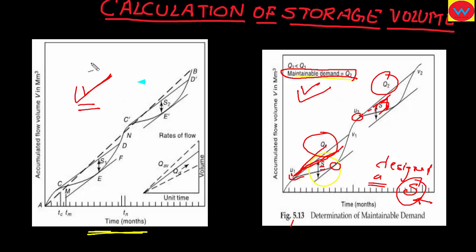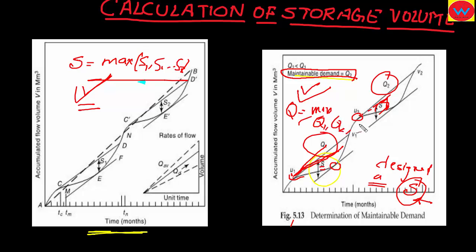And here the S value was the maximum of S1, S2, S3, but here your Q is the minimum of Q1, Q2, Q3, like this, because it's just logical thinking and it's the inverse of this, because we cannot allow more demand than what we can have in our storage.